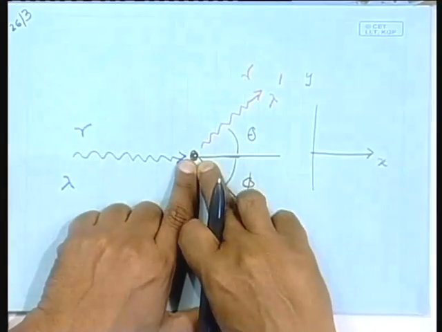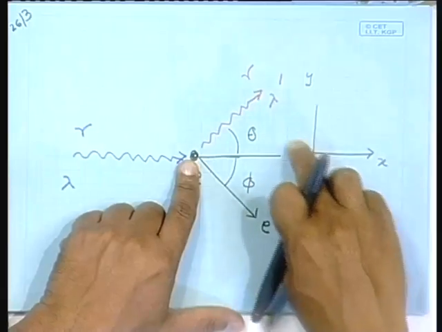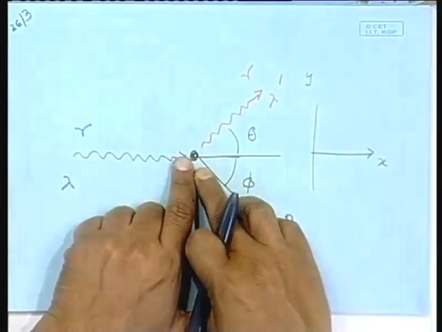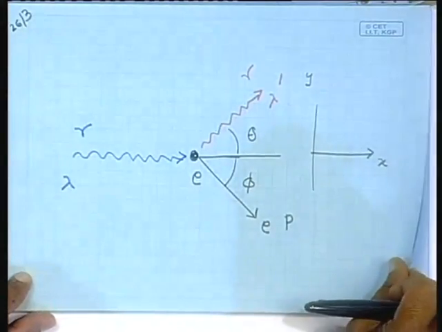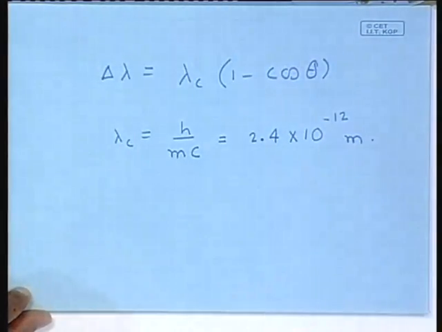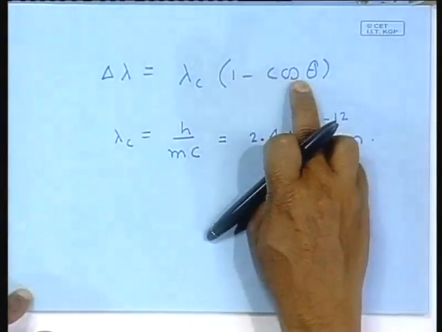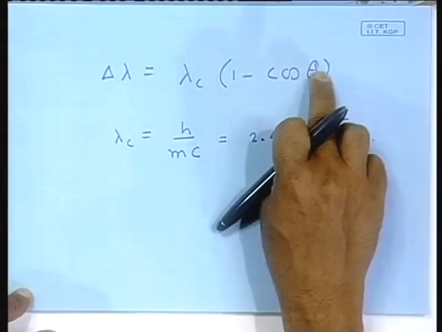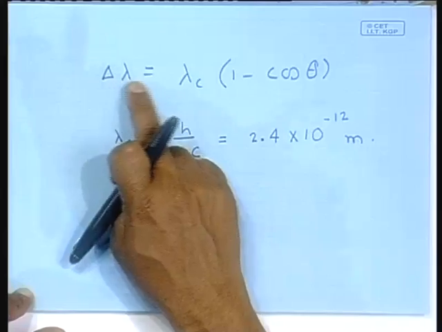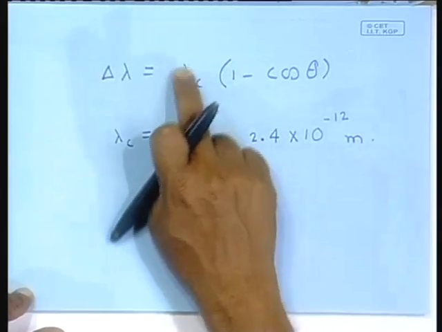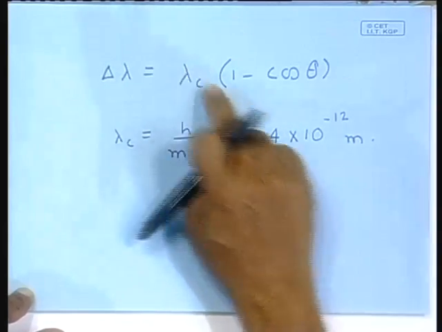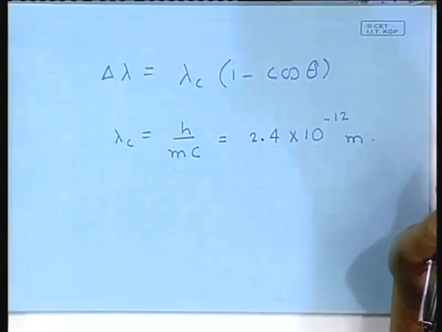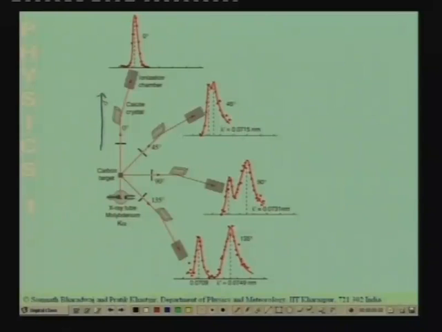Then the electron is imparted momentum in this direction, and that is the situation where the maximum energy is transferred to the electron. So, for theta equal to pi, cos theta is minus 1, where this factor becomes 2, or the shift in the wavelength is twice the Compton wavelength. This is the situation when the maximum energy is transferred to the electron, which is also what you see.